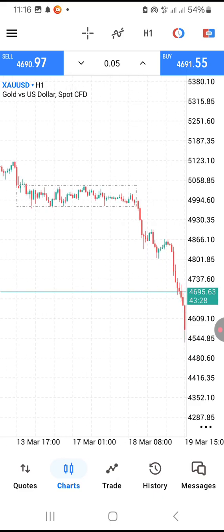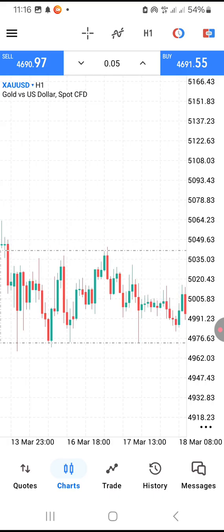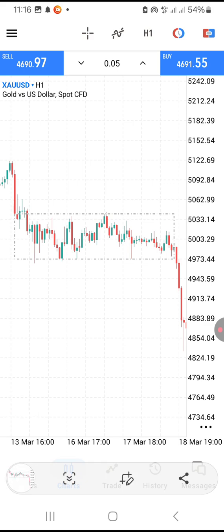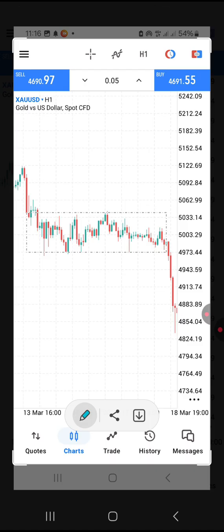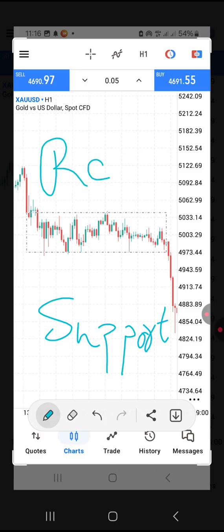This is what we call support. Let's screenshot this. So I'll show you. We already know anything under is called support. Resistance is up.